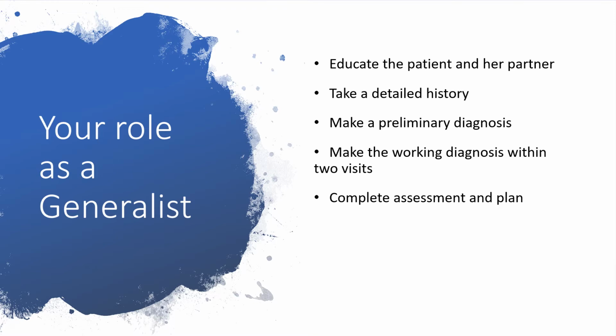And after that, the second or the third visit, you will be able to complete your assessment and plan. Remember, you are not promising a baby. What you are promising is to explain to that couple why they haven't gotten pregnant.